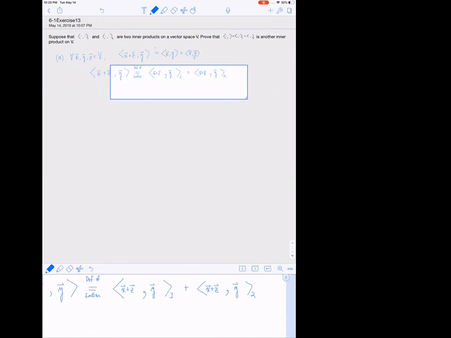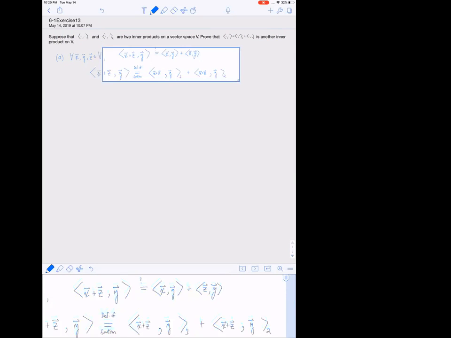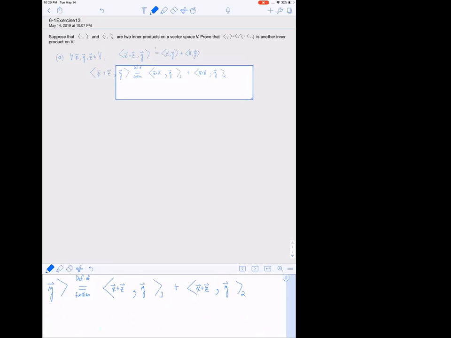So in particular, they satisfy condition 1. They satisfy something like that equation up there. So that means that we could rewrite this x plus z comma y using the inner product sub 1 as x together with y sub 1 plus z together with y sub 1.